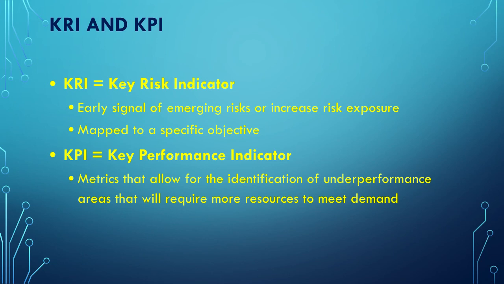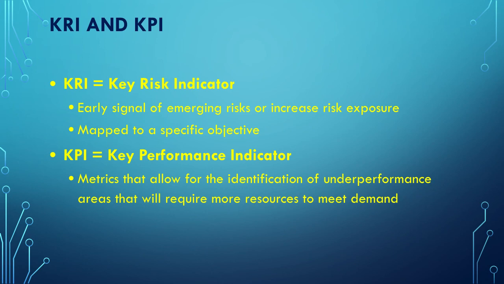And last but not least, we have KRI and KPI. And I know you all are very aware of how many abbreviations and acronyms there are in healthcare. And of course, there are lots in IT. And when you take healthcare and you smush it together with IT, what do you get? Acronyms and abbreviations. So we have KRI, Key Risk Indicator.